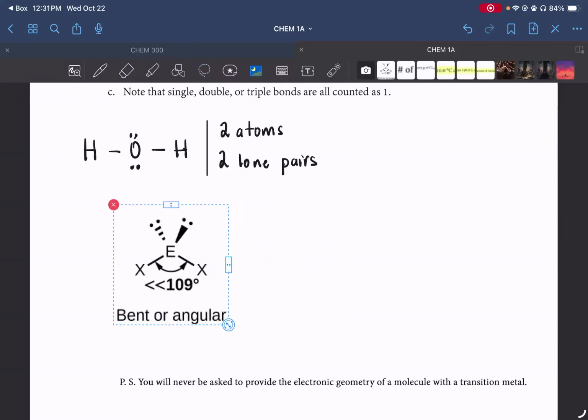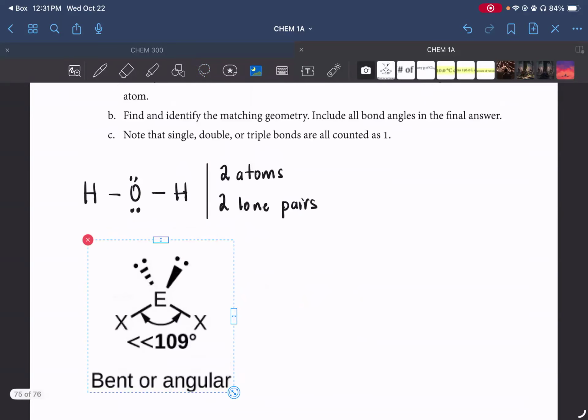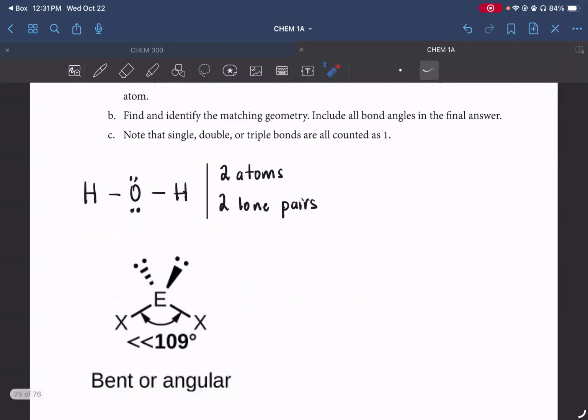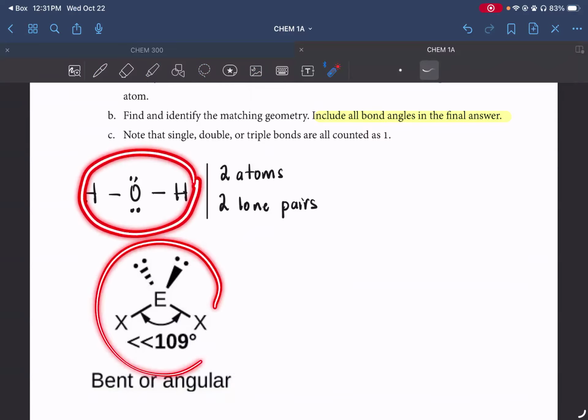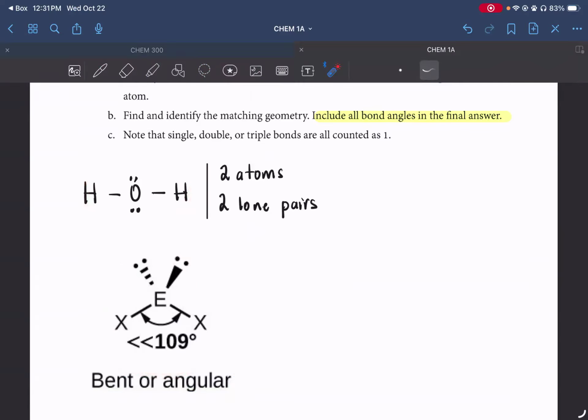Upon identifying the geometry, you simply need to redraw the structure matching that template. Be sure to include any bond angles in your final answer. So all we're going to do is, starting from this generic shape right here, we're going to try to match that template.